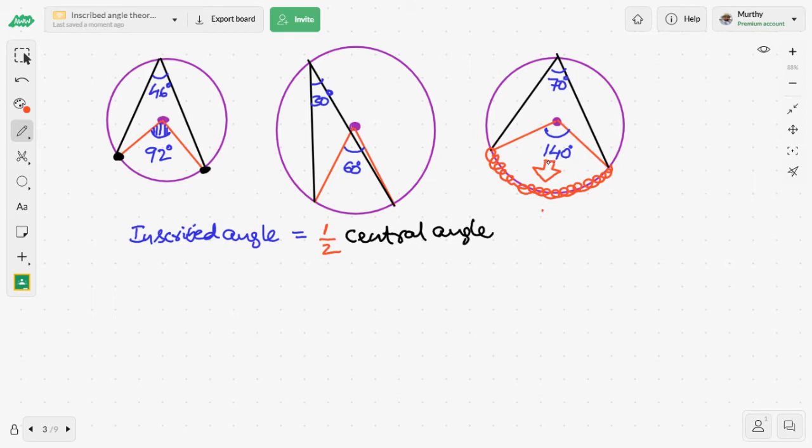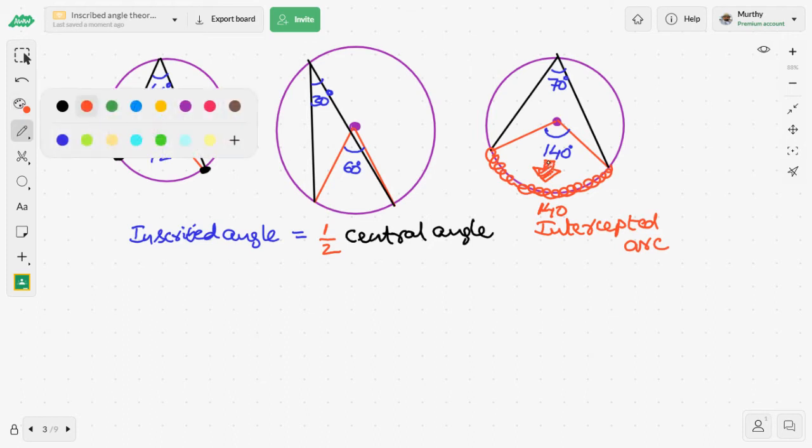Therefore, the intercepted arc measure is the same as the central angle. So this is also 140 degrees. Okay, don't forget this one. Don't forget the measure of the intercepted arc is the same as the central angle.